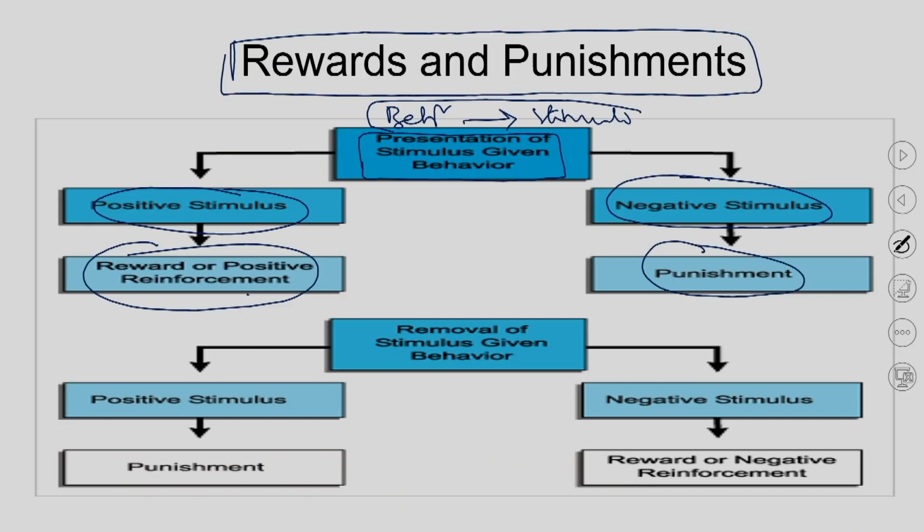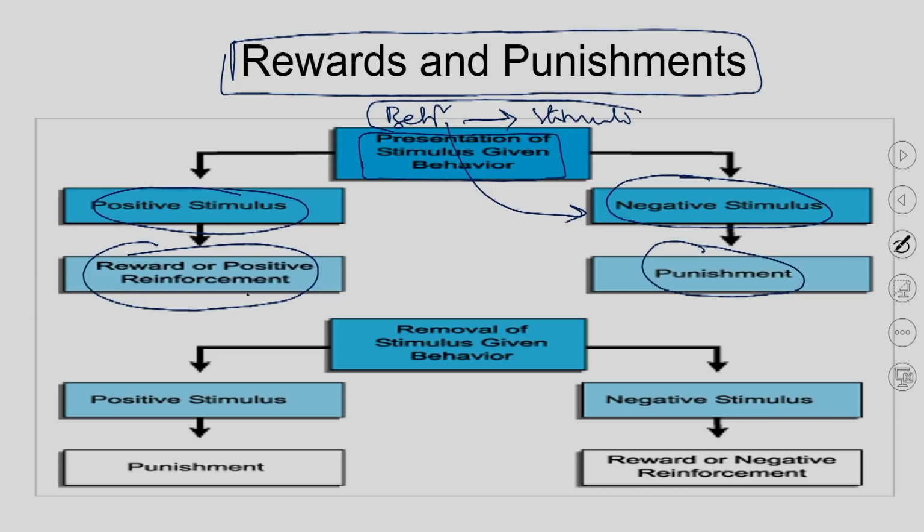You do a behavior and because of it a negative stimulus comes in. You bought a toaster from the market, and when you used it, it gave you a shock. This is punishment, and so you will not do that behavior again.